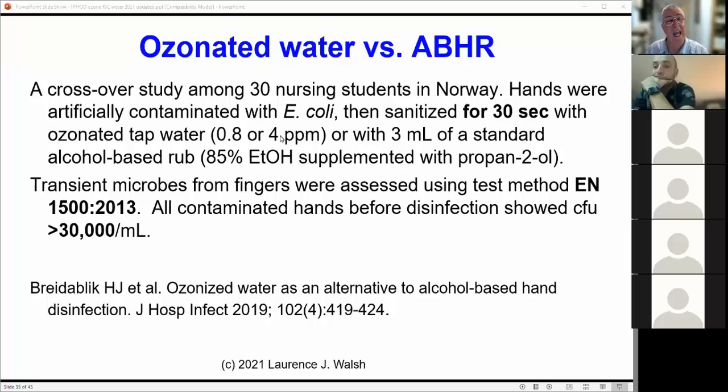And we used to do these large studies where you'd put a massive handprint into a giant culture dish and count all the colonies. And you would design the experiment to look at how the one person had certain numbers of colonies on their hands before and after different sorts of treatments. So they basically followed through this well-described protocol. And they put a lot of organisms on, about 30,000 per mil.